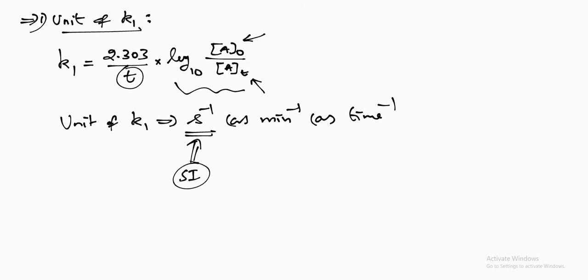So what is the unit of rate constant for first order reaction? Second inverse. Okay, take down. Second inverse is the SI unit of rate constant for first order reaction.